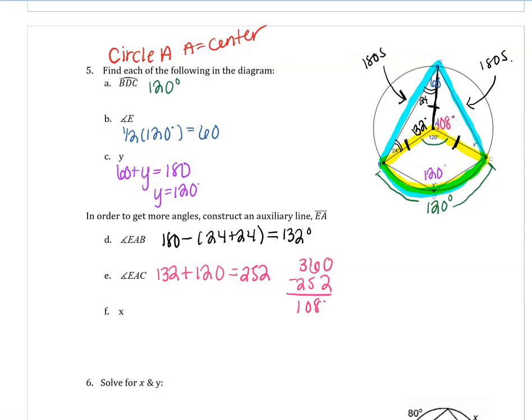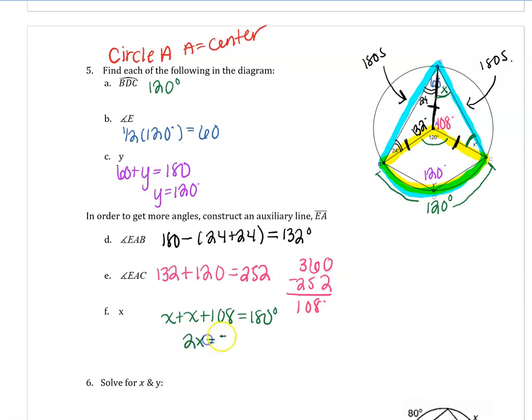Now, in order to find the measure of angle X, we're using the idea that if this is X, then this angle right up there must also be X, because if two sides of a triangle are congruent, the angles opposite them are congruent. So I can do X plus 108 equals 180 degrees. 180 minus 108 gives me 72.